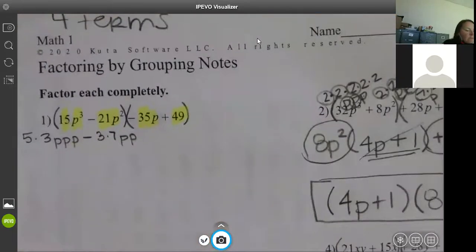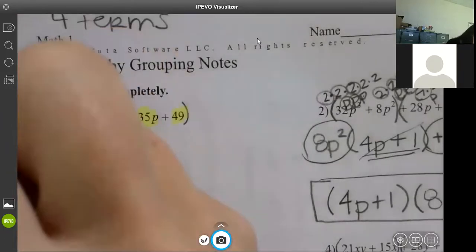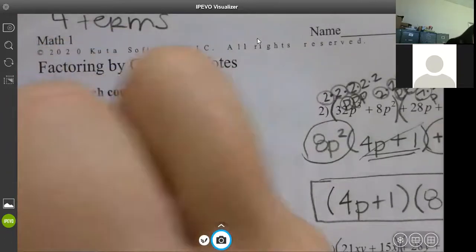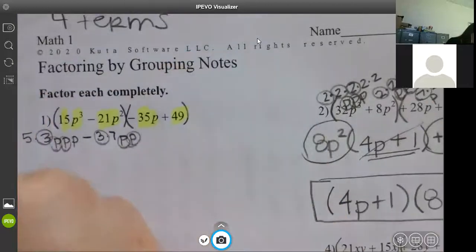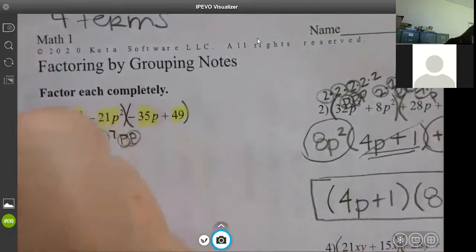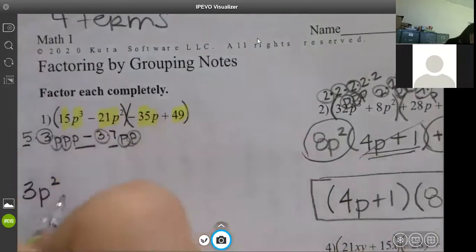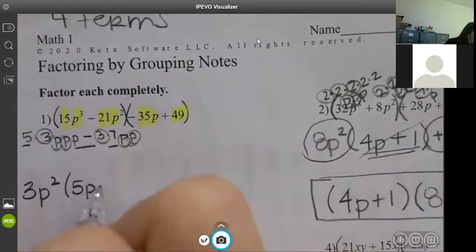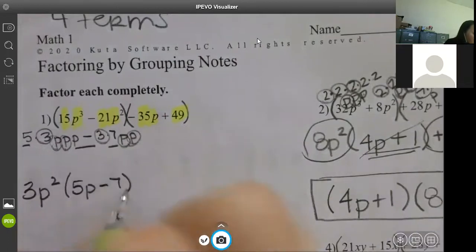What do they have in common? So they have a 3p squared in common. What did we leave? 5p. Minus 7. Perfect. Read it just like it is.